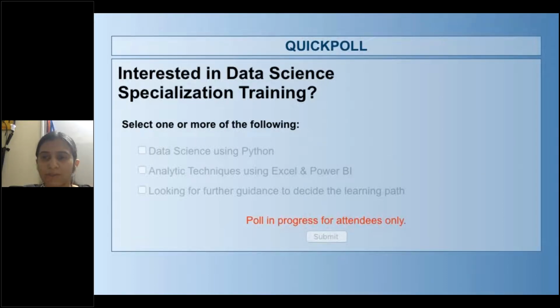Bhavna says, what is the current scope for Python in India, as I found that most companies are using SAS and SQL. Bhavna, I'm not sure where you're getting your data from, because most of the companies who are doing data science in India, besides the ones who are in the large BFSIs, everybody is now using Python.